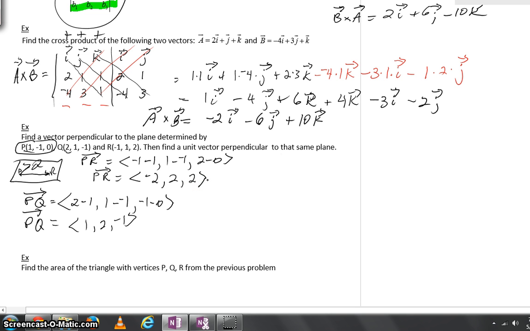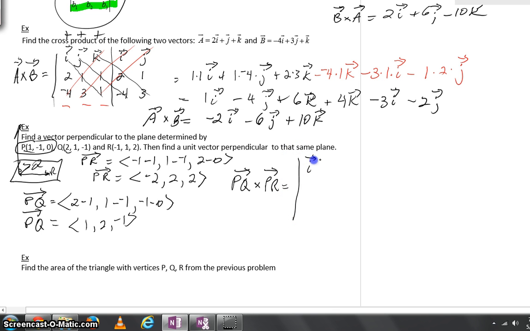Well, at this point, you know what we'd really like to do? We'd like to cross these two vectors to find a vector perpendicular to the plane. So real quickly, if we were to say, let's take PQ cross PR, well, that's going to be the determinant.